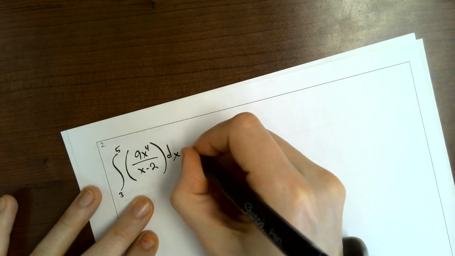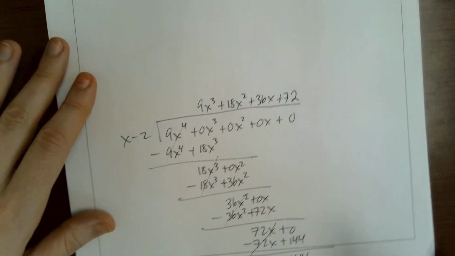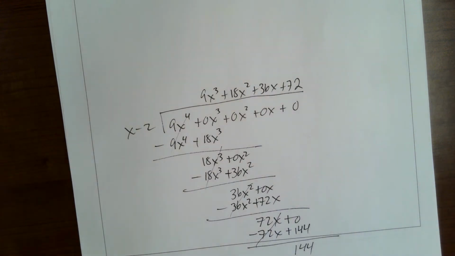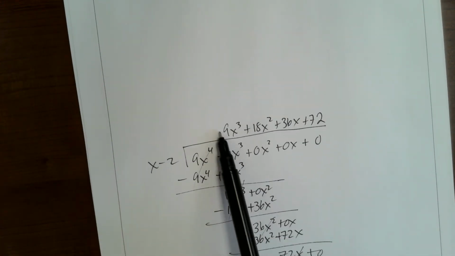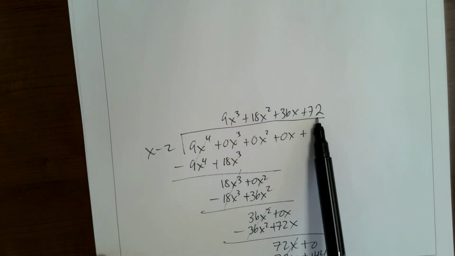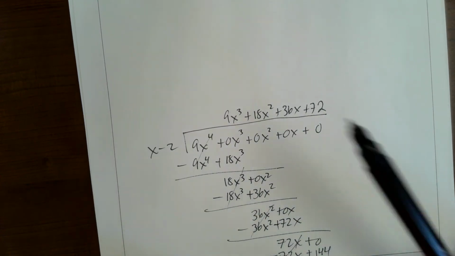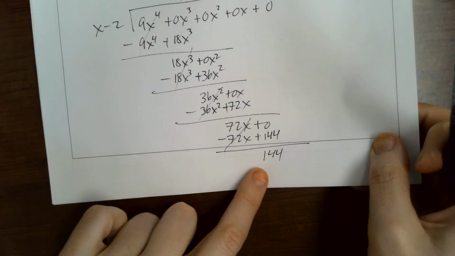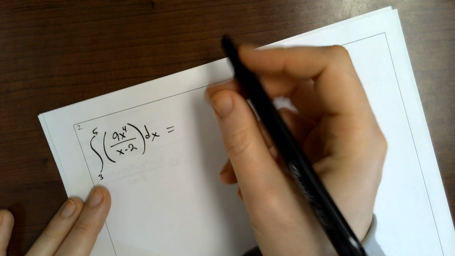Okay, now we can rewrite this. And you know what? I'm not going to rewrite the whole integral. I'm just going to do the integral from 3 to 5 of this, and then I'm going to do plus the integral of the remainder over the original denominator. So I'll split it up right away.